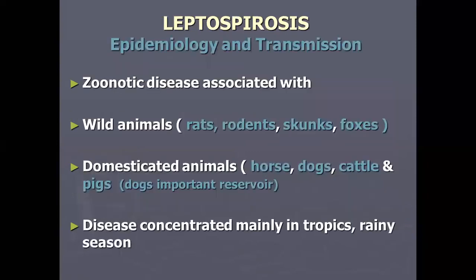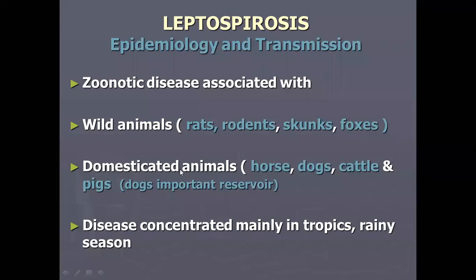All right. If you look at the epidemiology and transmission, it is a zoonotic disease, present in wild animals like rats, rodents, skunks, and foxes, and also in domesticated animals.